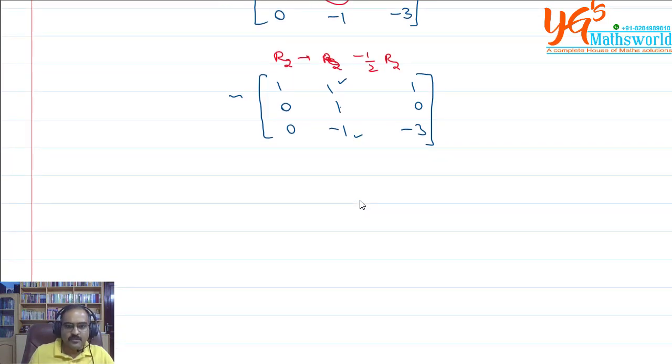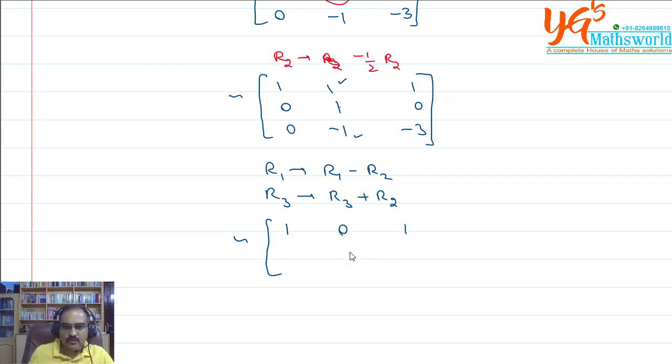Okay, so now operating on R1, that is R1 minus R2, and on R3, that is R3 plus R2. So I will receive the values 0 minus 1 minus 0 1, 1 minus 1 0, 1 minus 0 1, 0 1 and 0.